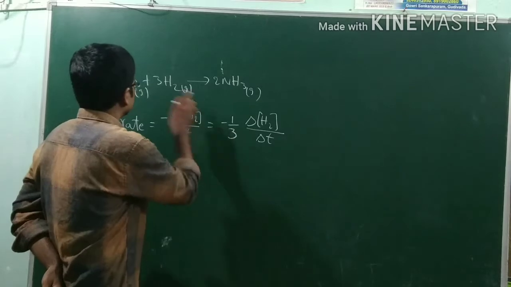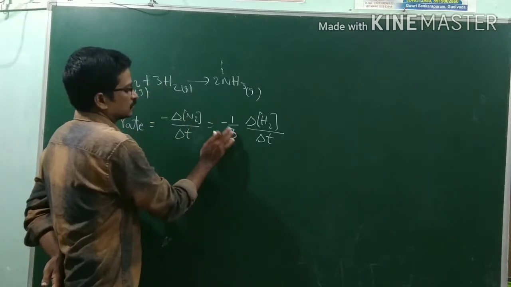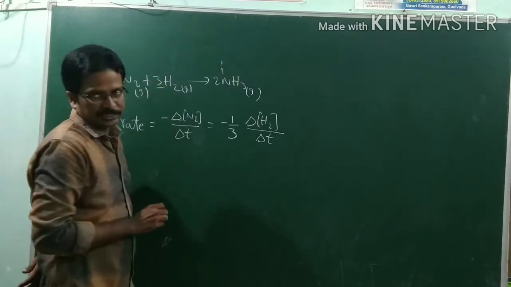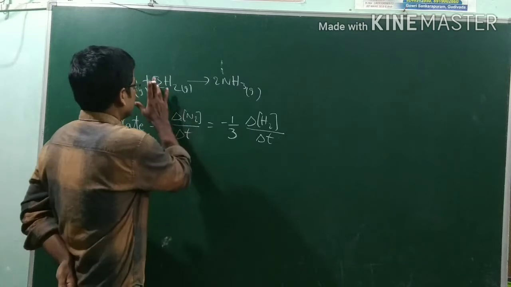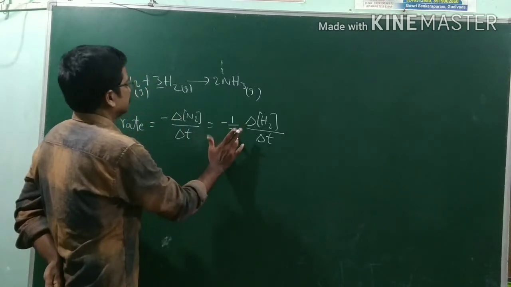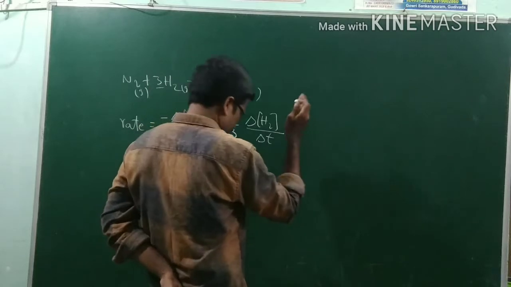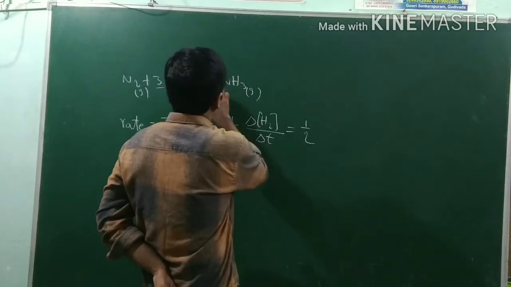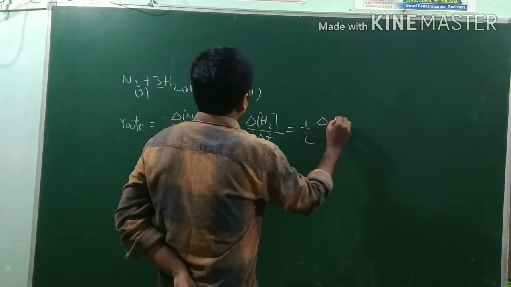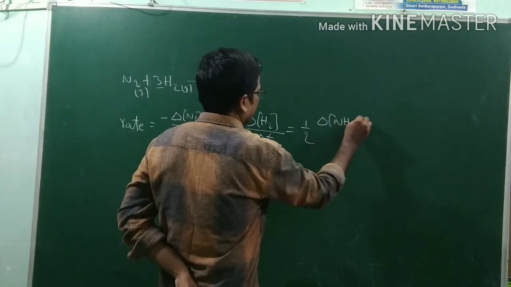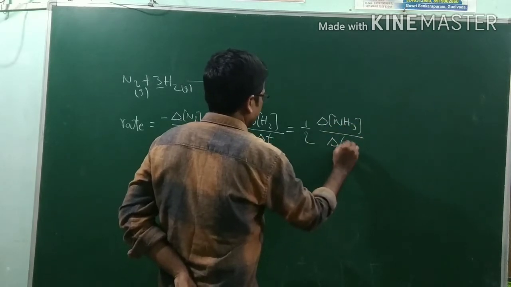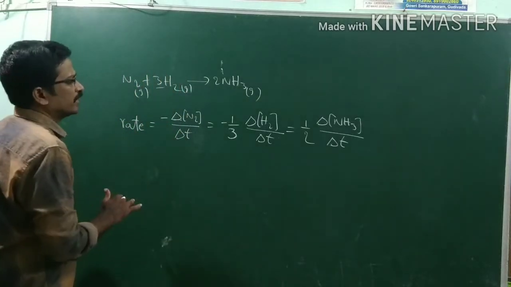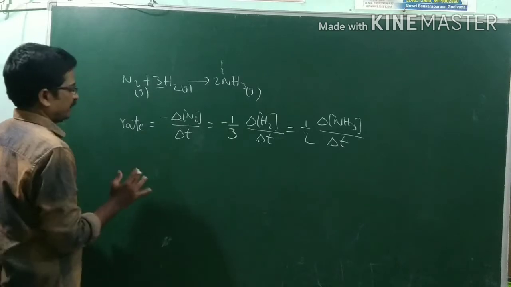Minus because these are the reactants, and 3 is the stoichiometric coefficient. For the stoichiometric coefficient you must write 1 by 3. Next, this is equal to 1 by 2 del NH3 by del t. In this way you can write the rate for any given reaction.